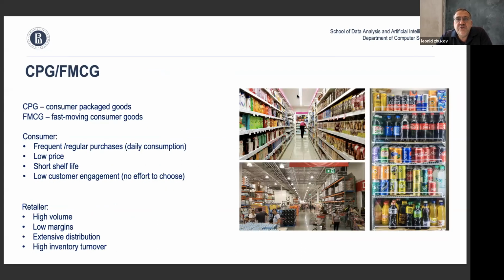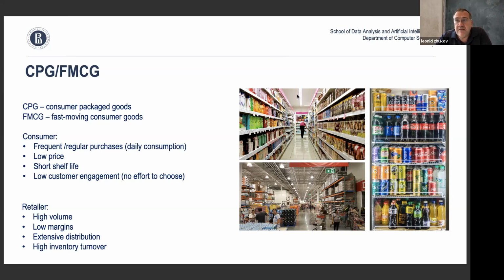Now, CPG, FMCG is probably the most widespread type of retail, and FMCG stands for fast-moving consumer goods, and CPG is consumer packaged goods. So sometimes those abbreviations are used as synonyms. But the specificity here is that, first of all, as consumers, it's usually frequent or regular purchases, like daily consumption.